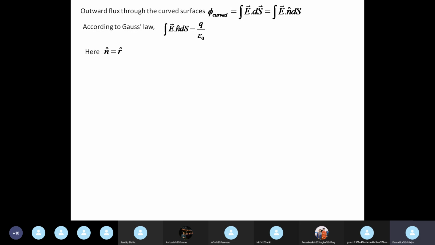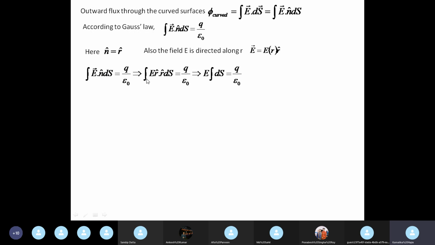Here n cap is r cap. For the curved surface, the direction of the area on any part of the surface is along the radius, and the field is also radially outward, so vector E is E r cap.